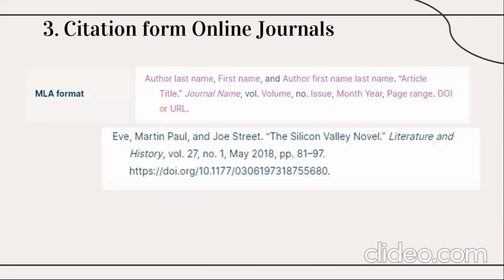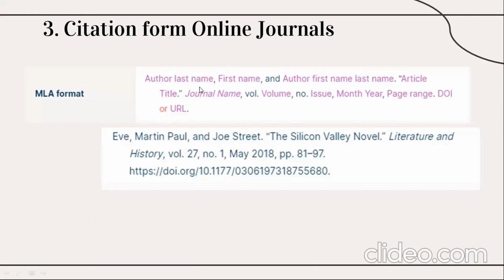This is quite a formula, I would say. Author's last name followed by first name. If there are two authors, if you are referring to an article written by two authors in a journal, obviously it is the same format we used for the book.